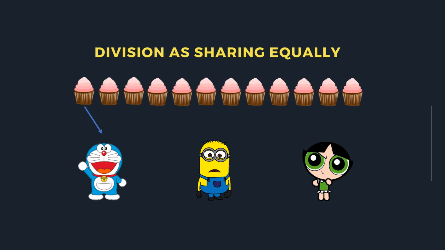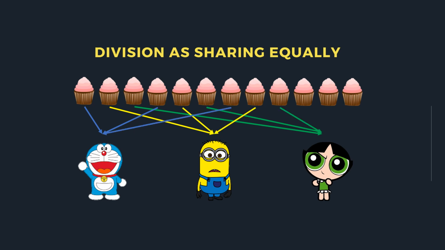One cupcake for Doraemon, one cupcake for Minion, one cupcake for Buttercup. We are going to repeat this step until all the cupcakes are shared equally among them. We have finished.